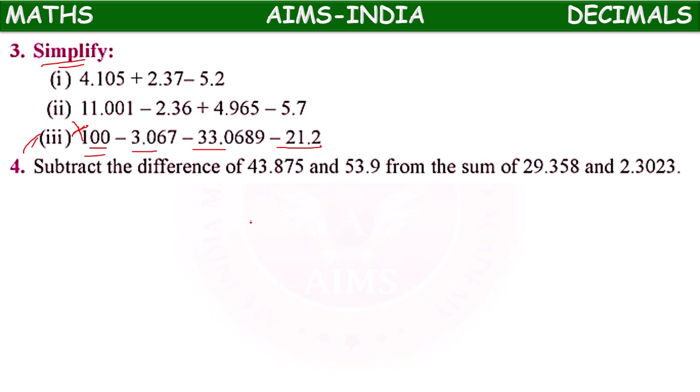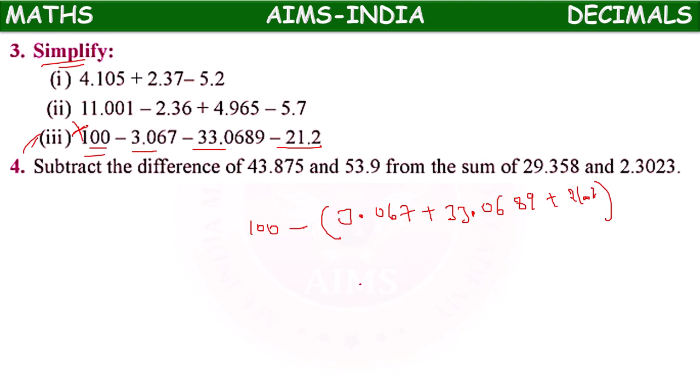What we can do? 100 minus remaining 3, we can take minus common, so they will become positive. 3.067 plus 33.0689 plus 21.2.